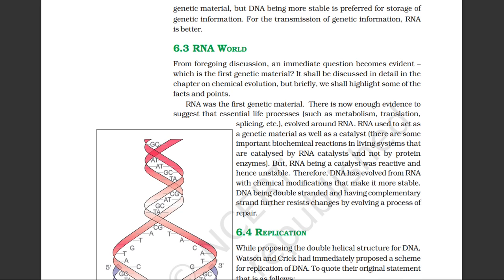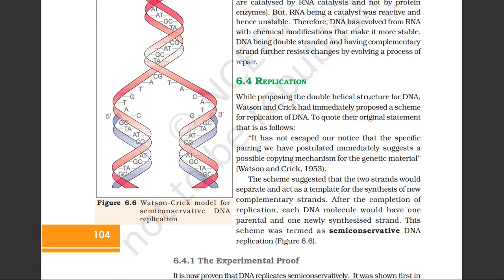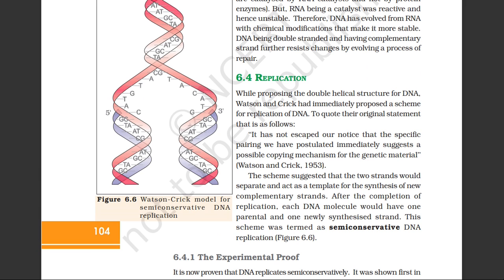6.4 Replication. While proposing the double helical structure for DNA, Watson and Crick had immediately proposed a scheme for replication of DNA. To quote their original statement: "It has not escaped our notice that the specific pairing we have postulated immediately suggests a possible copying mechanism for the genetic material." Watson and Crick, 1953.